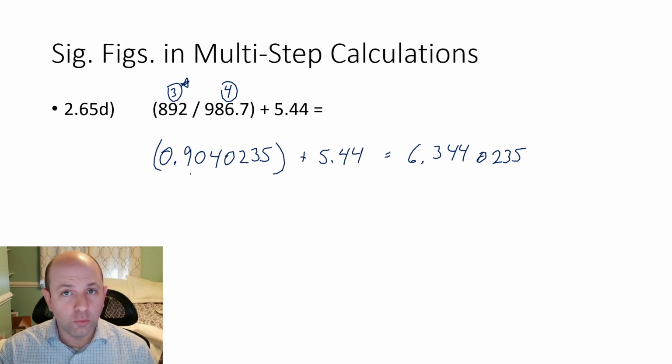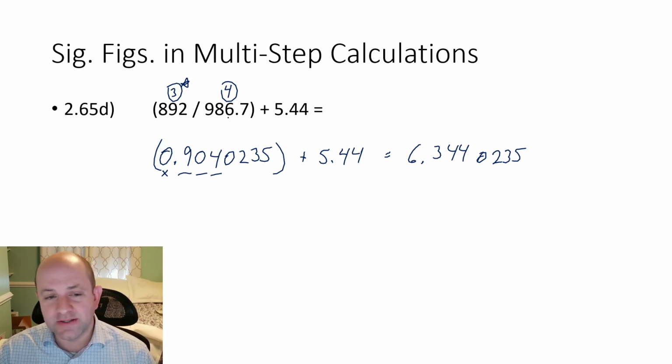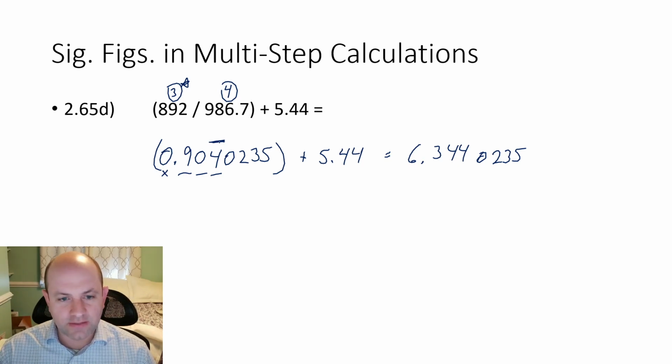And so now we've got to look, well, where are those 3? This 0 is a leading 0. Those don't count. Zeros only count if they come after some other stuff. So that 0 is not good. But the 9, the 0, and the 4, those 3 count. They're my 3 sig figs. And so I underlined them here so I know they're significant. Sometimes you might see in the book as an example, they'll put a bar over that last digit, like that 4 there. Whichever way is fine, just indicate what is significant.